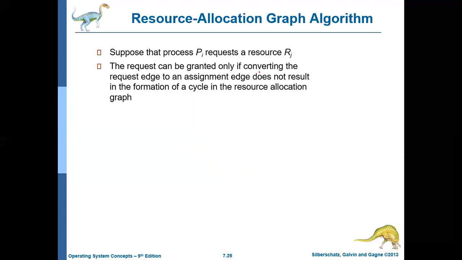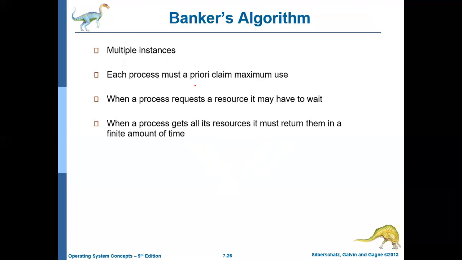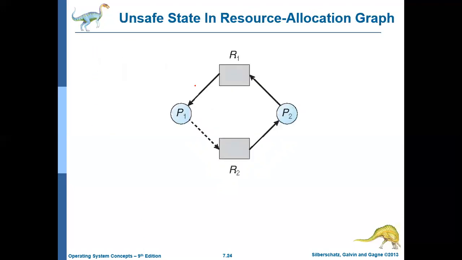Suppose the process Pi requests a resource Rj: the request should be granted only if converting the request edge to an assignment edge does not create a cycle in the resource allocation graph. If a cycle is created, the request should not be granted.